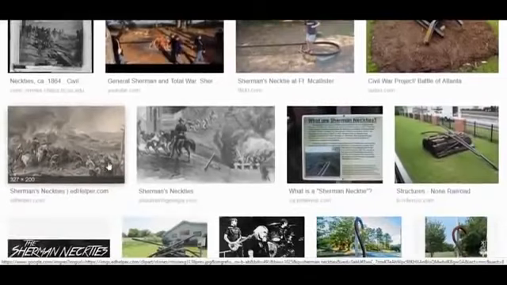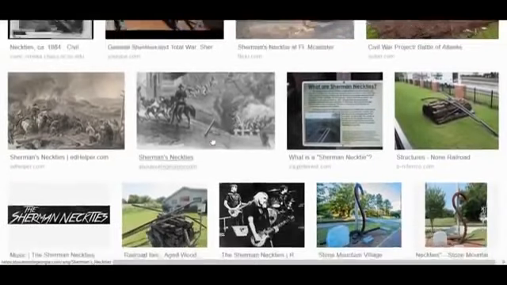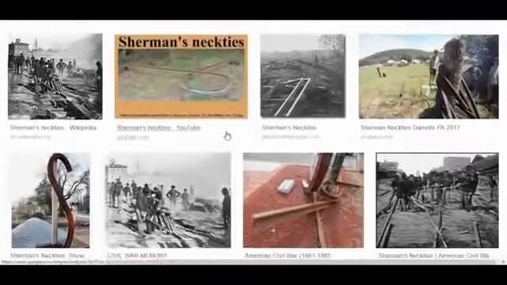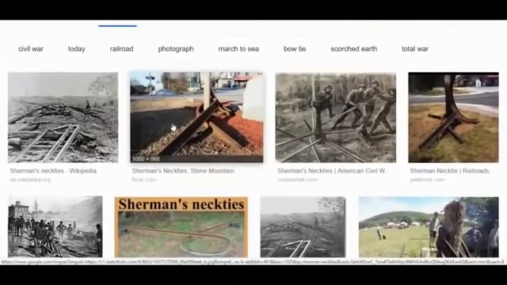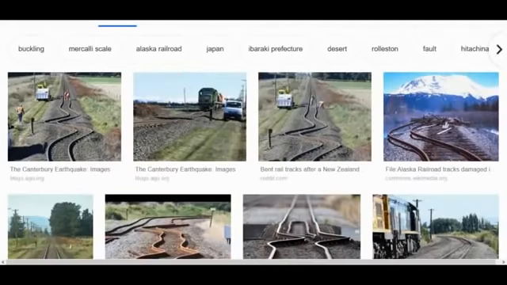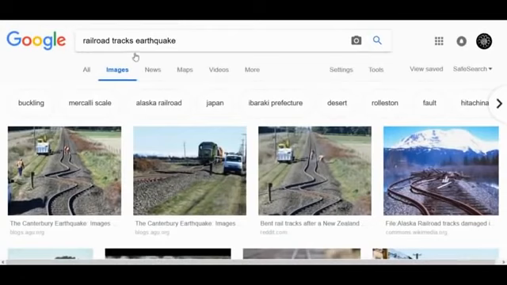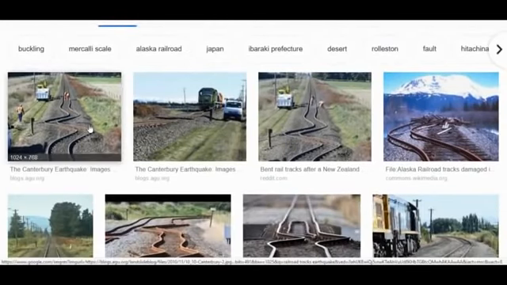And the reason why I find this whole phenomena of the insistence of Sherman to destroy all of the railways in this manner by heating them up and bending them of interest to me is because during earthquakes, you get this phenomena where railway tracks get heated up and they get bent into all kinds of interesting shapes.